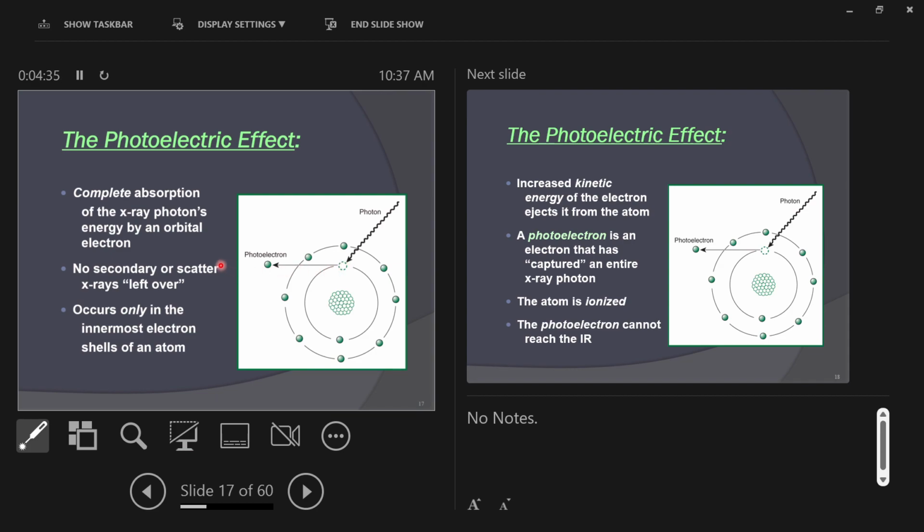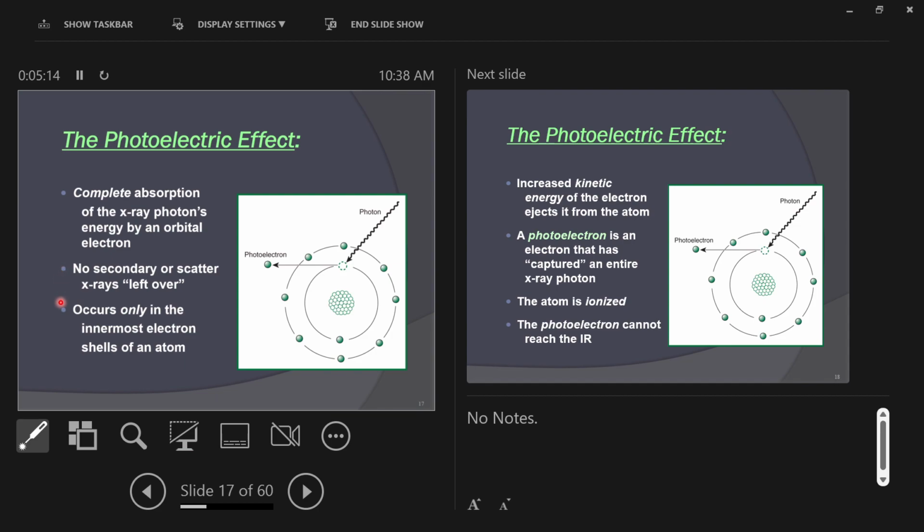For this to happen, the entire photon's energy has to be absorbed into that electron. Once that happens, the electron is gone from the atom. But importantly for this interaction, so is the photon. The X-ray photon gets absorbed by the electron and is no more. So it's complete absorption of the X-ray photon by an orbiting electron, and no secondary X-rays are left over.